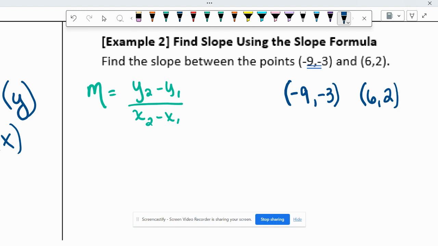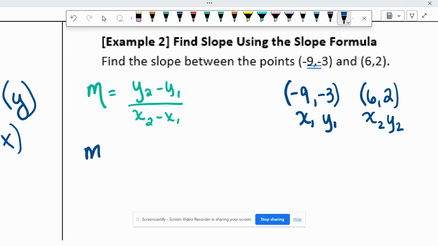What is an ordered pair made up of? 2 what? Coordinates. What are they? Yeah, x and y. So this is my first x and y coordinate. And because it's my first one, I call it x1 and y1. This is my second ordered pair, right? So this is my second x coordinate and second y coordinate. So I call it x2 and y2.